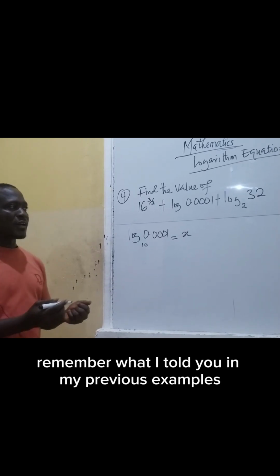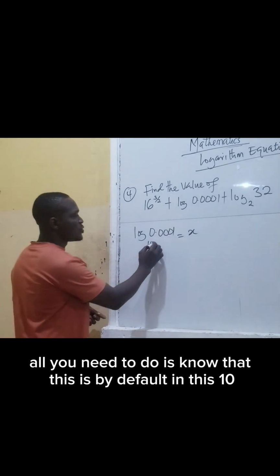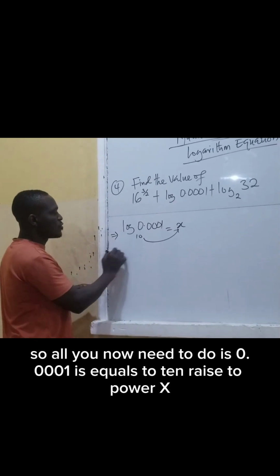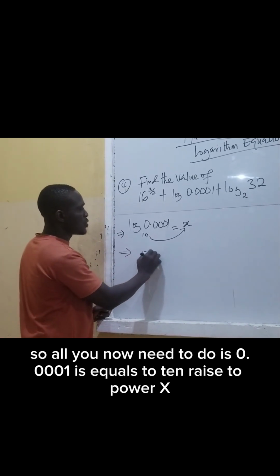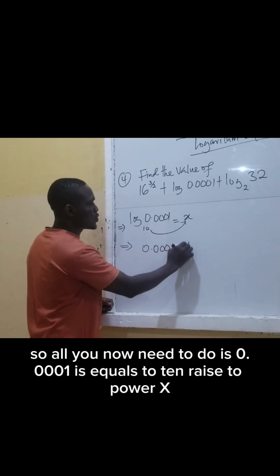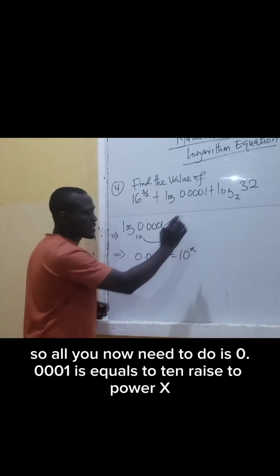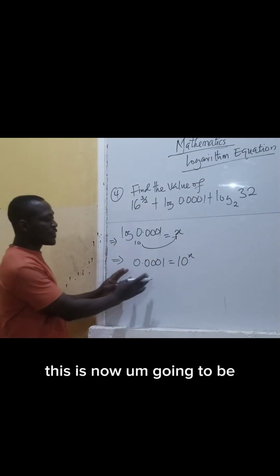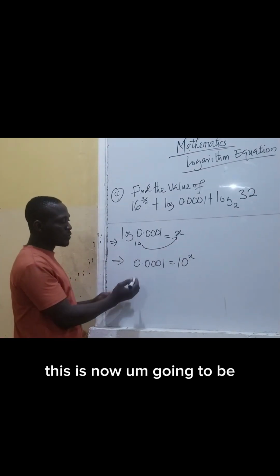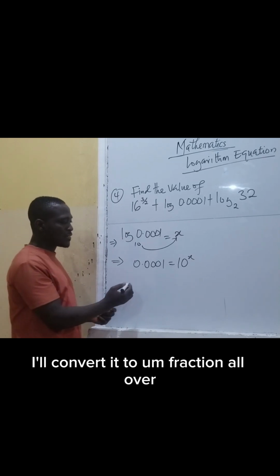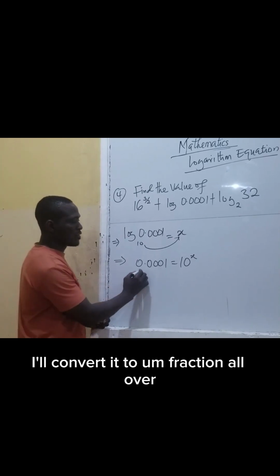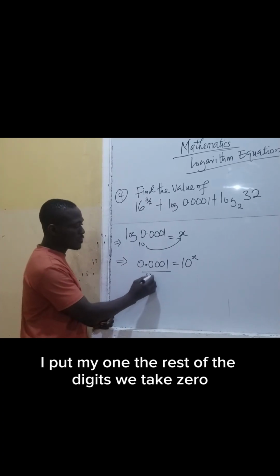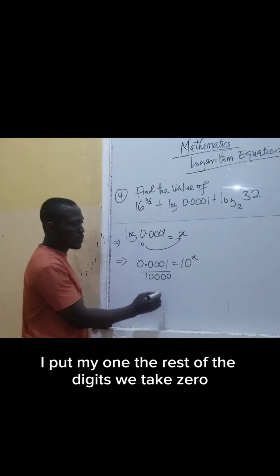Remember what I told you in my previous examples? All you need to do is know that this is by default in base 10. So all you now need to do is 0.0001 equals 10 raised to power x, because this is raised to power. I will convert it to a fraction. Anywhere I see this small point, I put my 1. The rest of the digits will take 0.